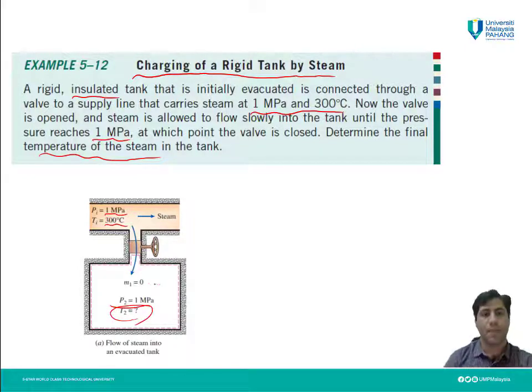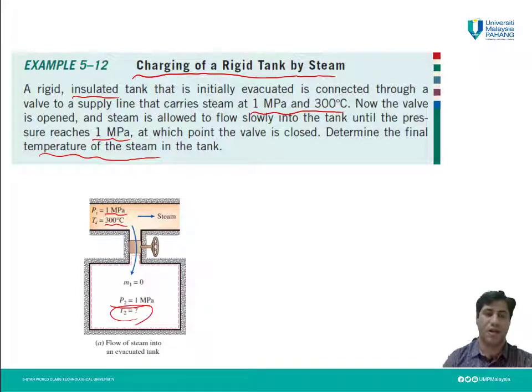First of all, according to the control volume which we can select, we need to select an open system. Why? Because we have a mass transfer to the tank, and moreover the process will be an unsteady flow process. Why?